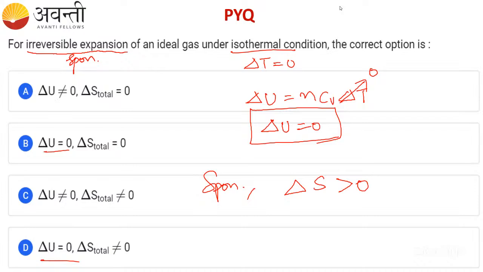It is not equal to 0, it is greater than 0. So option D is the correct answer. Is it clear for all of you? For irreversible expansion of an ideal gas, the process is spontaneous, and for a spontaneous process, delta S is greater than 0. Got it? Shall I go for the next question?